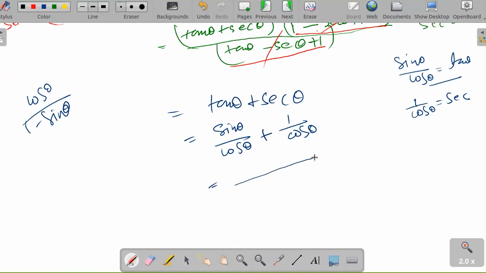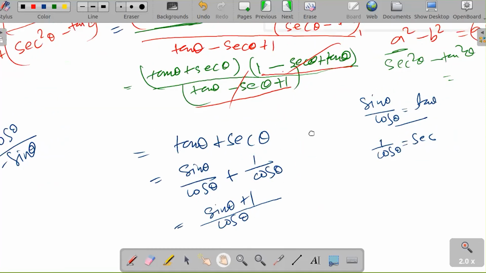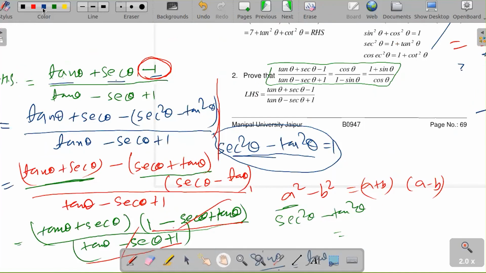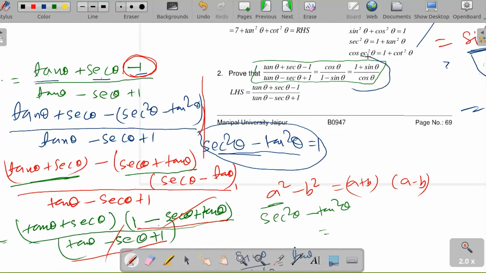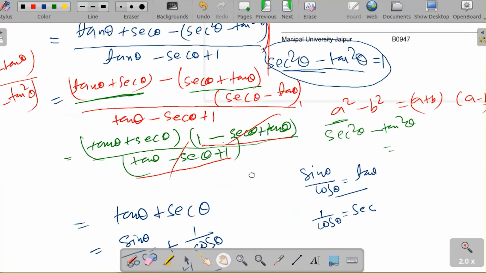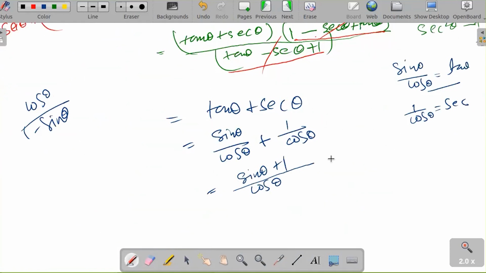So now it will be cos theta, and in the upper term will be sin theta plus 1. I think we got the third proof. We need the third term, 1 plus sin by cos. So we got it already.